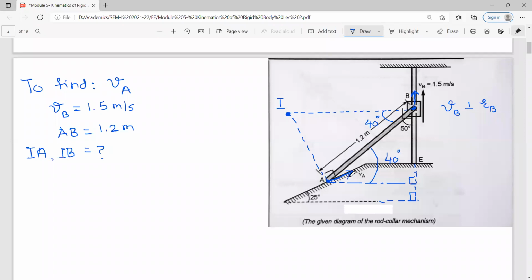So I will write down 25 here, that this double-line angle is equal to 25 degrees. It means that from the horizontal to the inclined plane, the angle is 25 degrees. So the remaining angle will be 40 minus 25, that gives this angle as 15 degrees. Agreed, all of you?